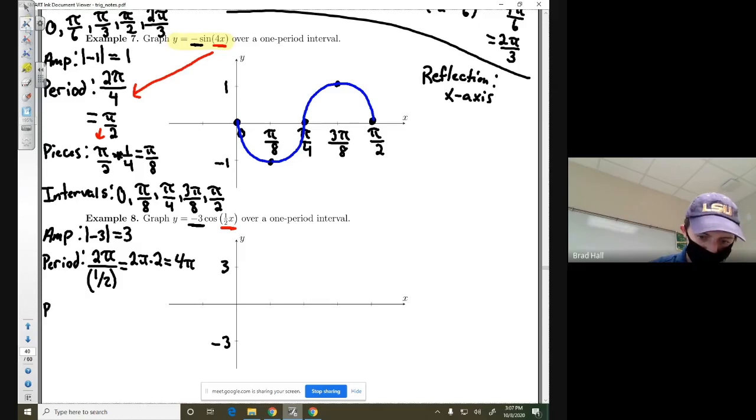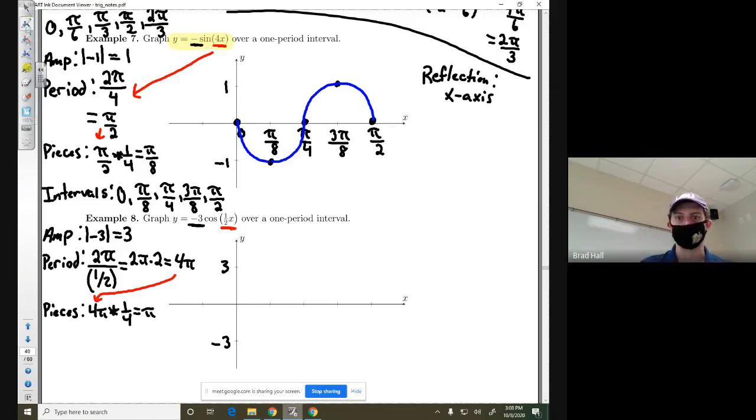So the pieces actually work out pretty nicely. 4 pi times 1/4, which is just pi. So that's a really easy increment to go by.